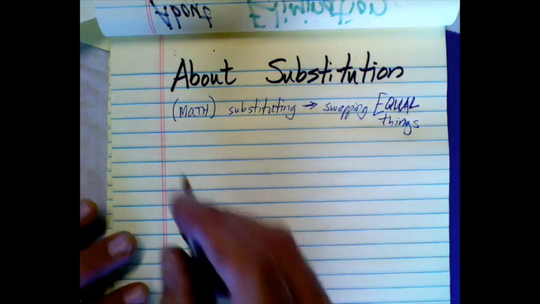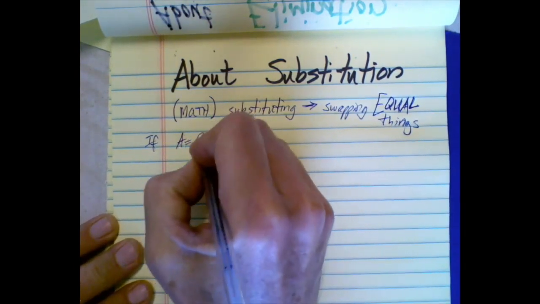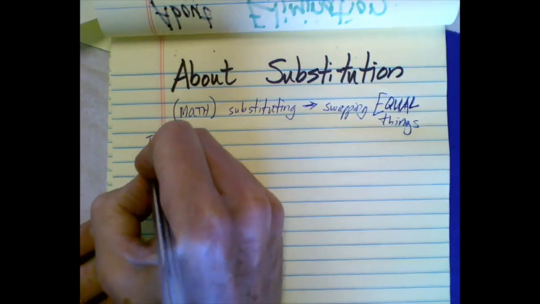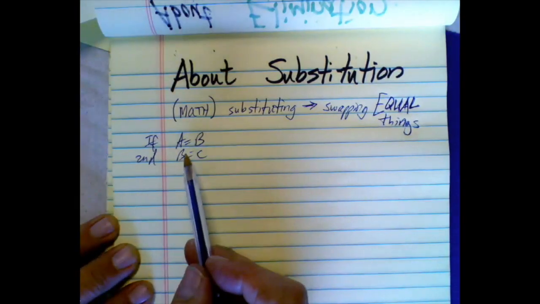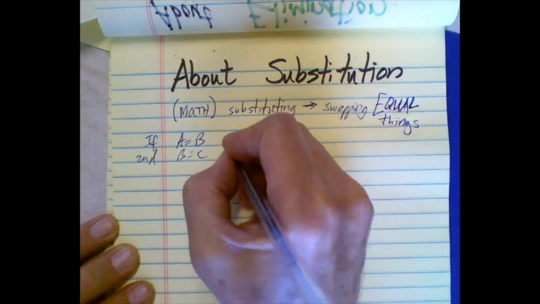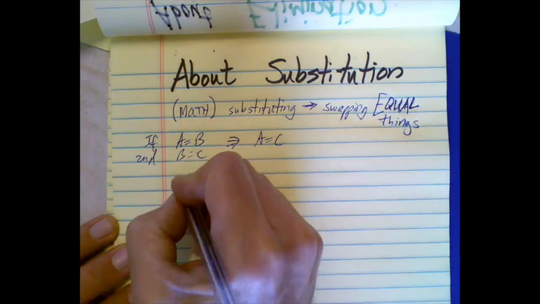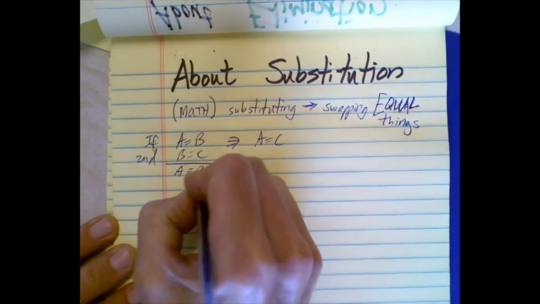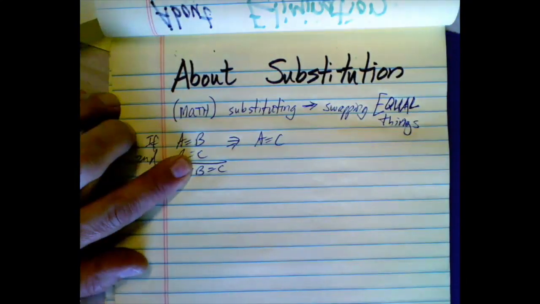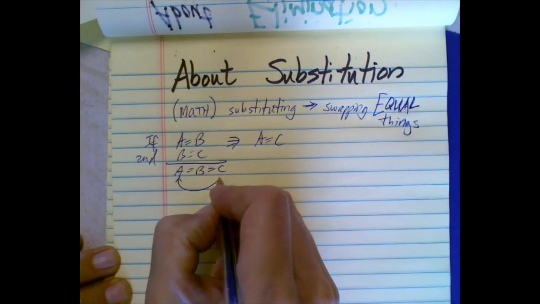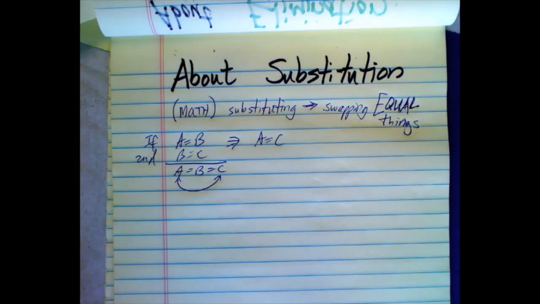So, big picture, if A is equal to B and B is equal to C, then there's a relationship between all 3, and we can say that A is equal to C. All we're saying is that A and C are also equal. It's called the transitive property. You don't have to worry about that vocabulary right now.